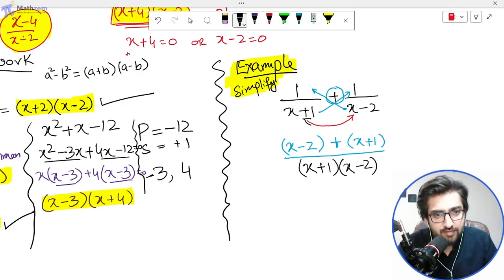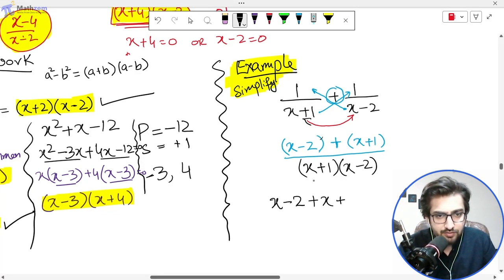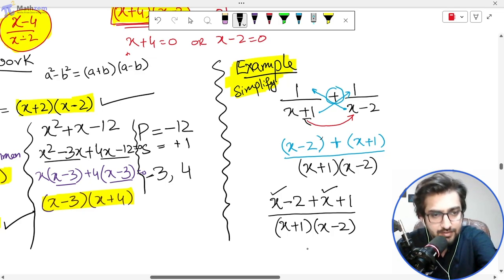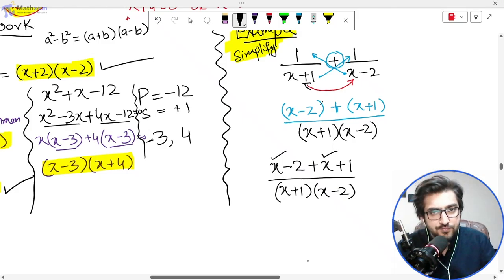That is the method, and that is the answer. By the way, if you want to solve that further, so remove these brackets. Let's remove them. x minus 2 plus x plus 1 divided by the denominator x plus 1 into x minus 2. Now that x and this x will become 2x. You remember the first lesson of this section. x plus x is 2x.